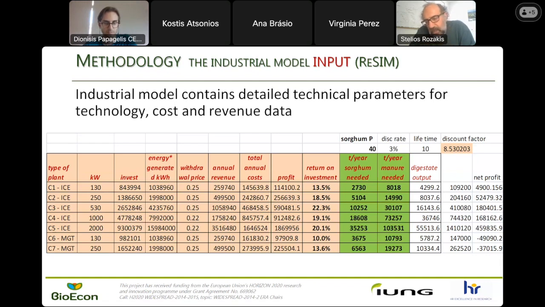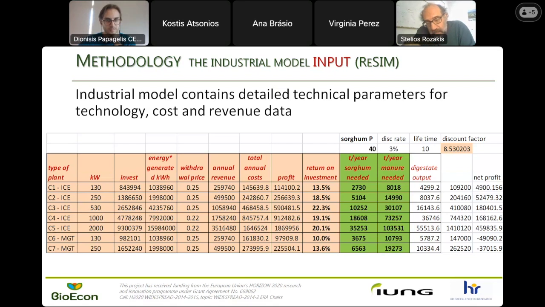Each technology can be fed by a mix of feedstock. So in this case, we have biomass from plant and livestock. We have considered sorghum and manure.